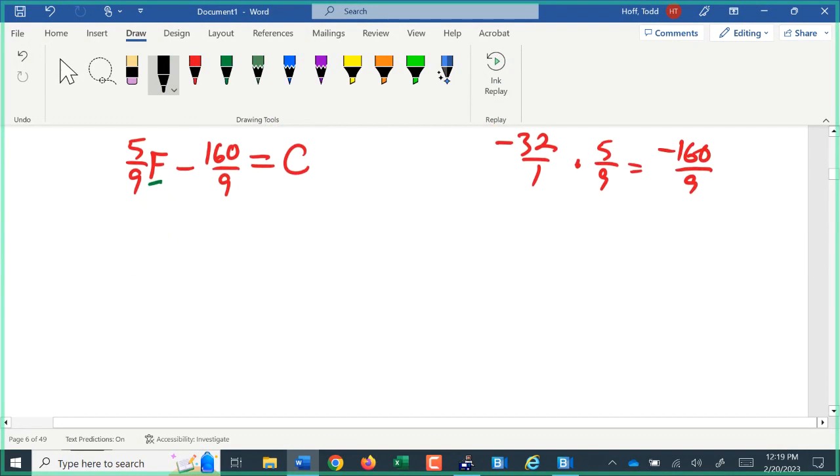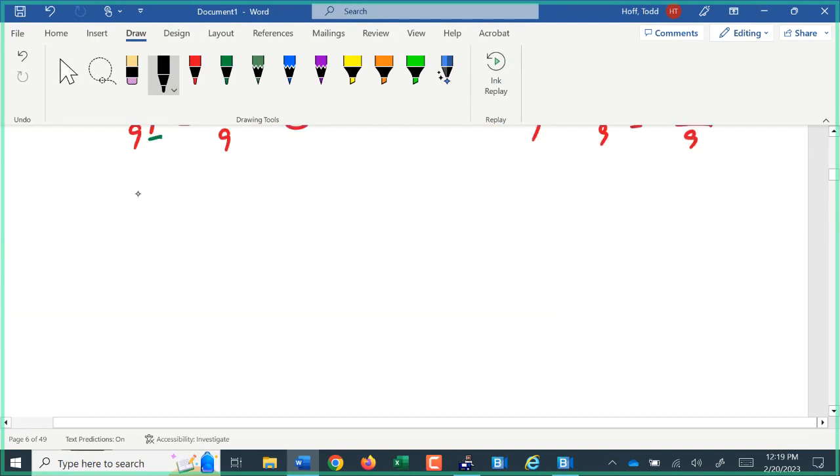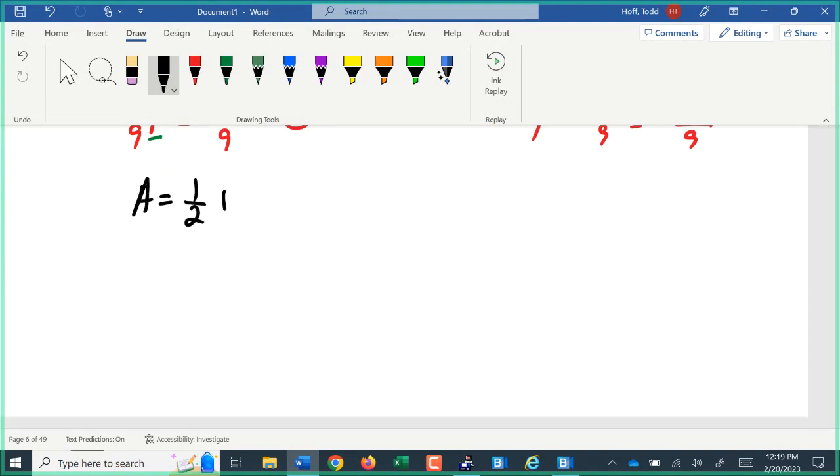Other formulas that we might want to rearrange. We might have just a simple area equals 1/2 base times height. And let's say we're going to be given the area and the base and we want to find the height. So we're going to solve for H. Well, I can multiply by 2 to get rid of the 1/2.